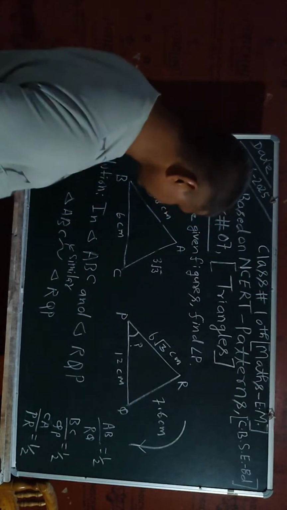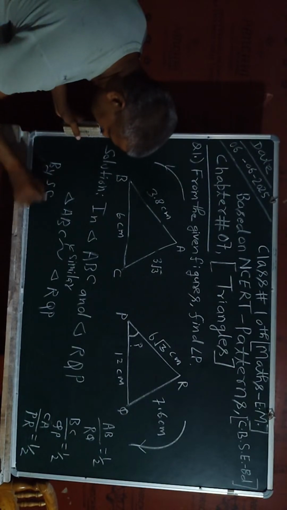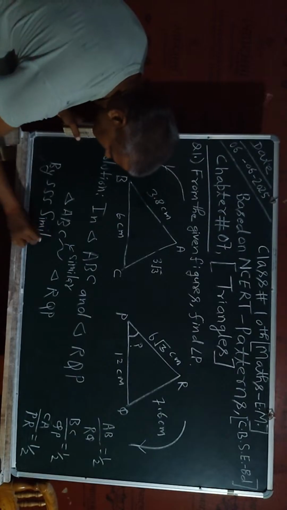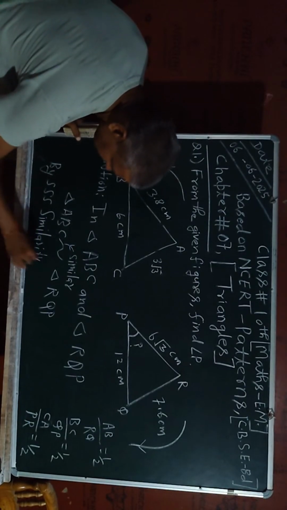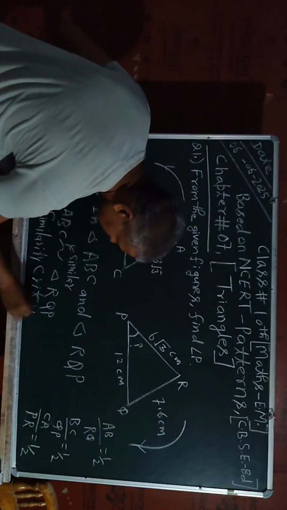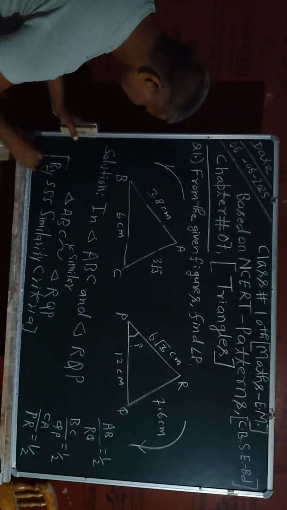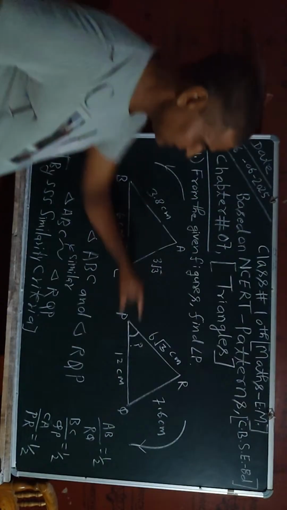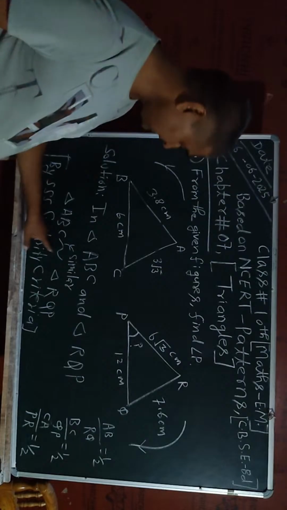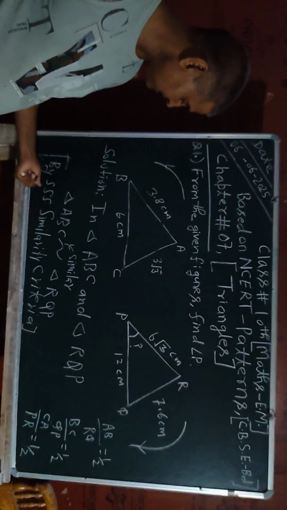So I will write here the criteria. The criteria will be the side, side, side similarity criteria. These two triangles I have proved both are similar, and in this case I am using the similarity criteria that is side, side, side.